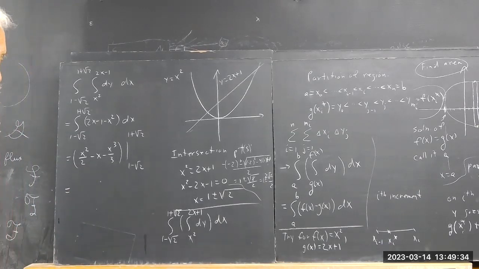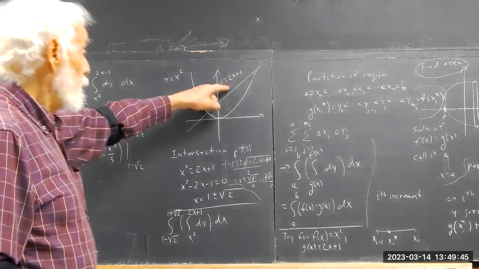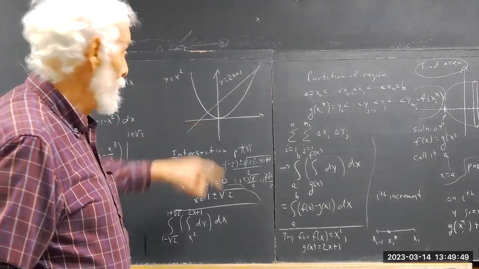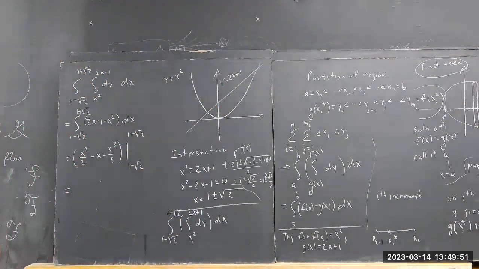I'm having trouble seeing that that's going to end up positive. The x squared is definitely lower. I mean, the y-intercept of this is at 1. The y-intercept of this is at 0. And I've got a suggestion here. Somebody's saying something that I skipped over.